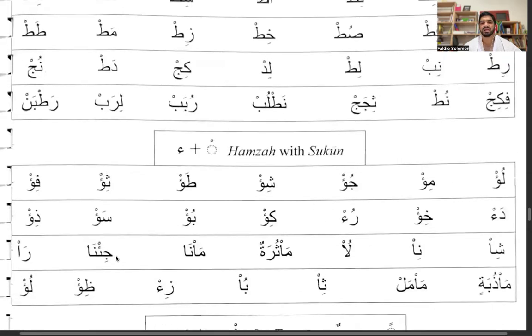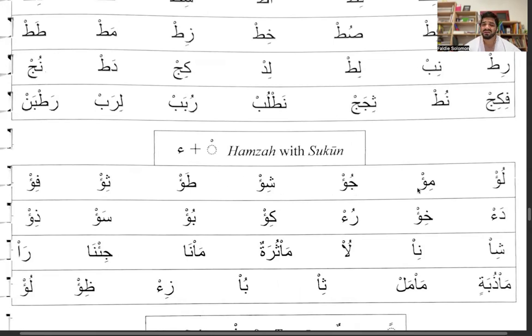Now, this is not anything new. It's just very similar to the alif. When the alif is found with sukoon, we read it as if it's a stop. Normally, if this hamza wasn't here, we'd elongate the sound, but because of the hamza being there, we stop.